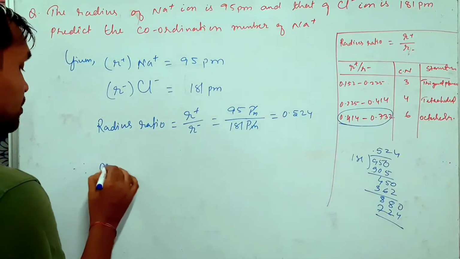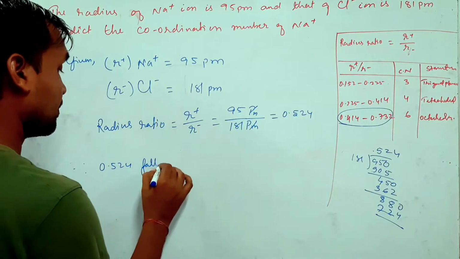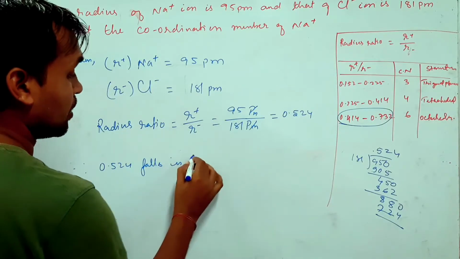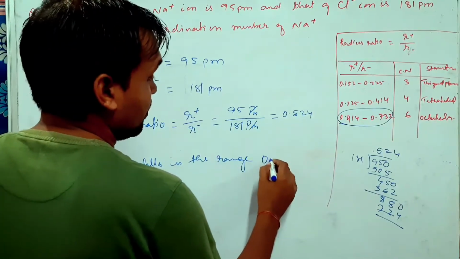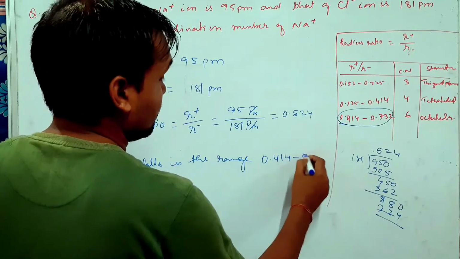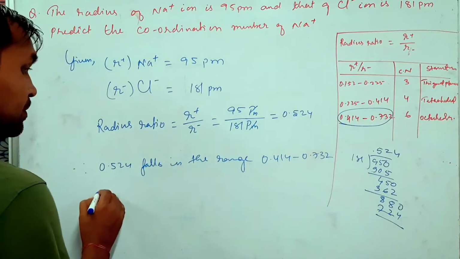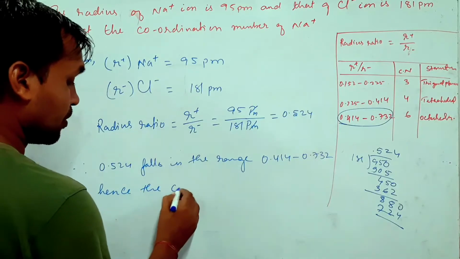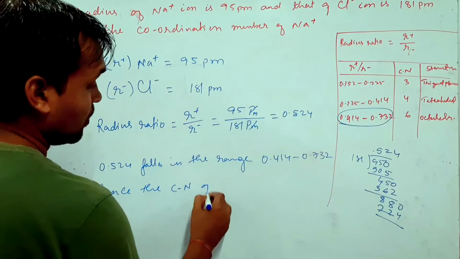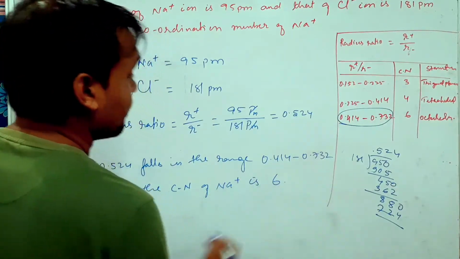Since 0.524 falls in the range of 0.414 to 0.732, hence the coordination number of Na positive is 6. Got it?